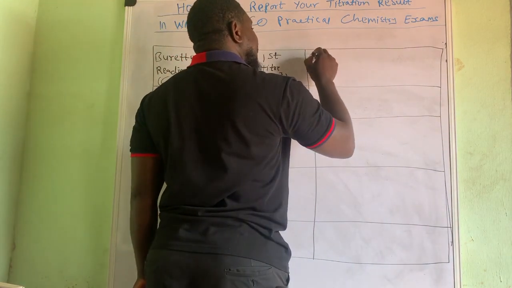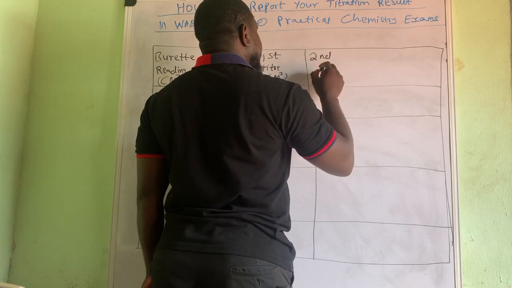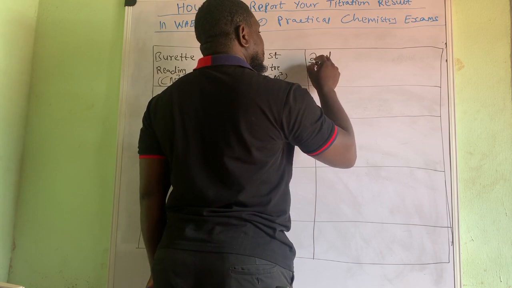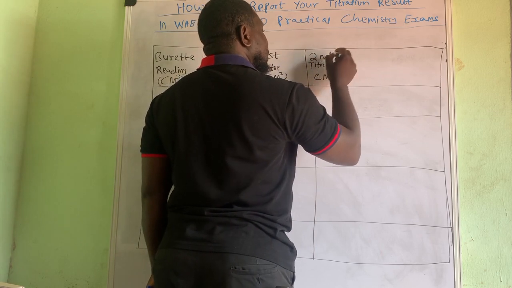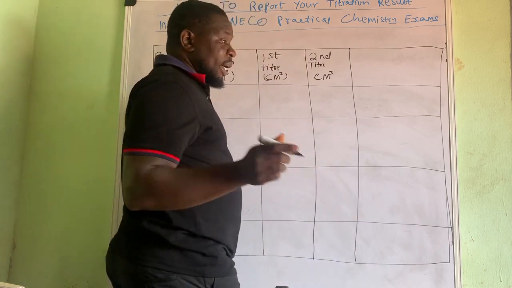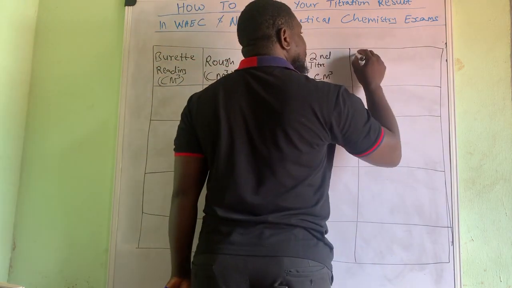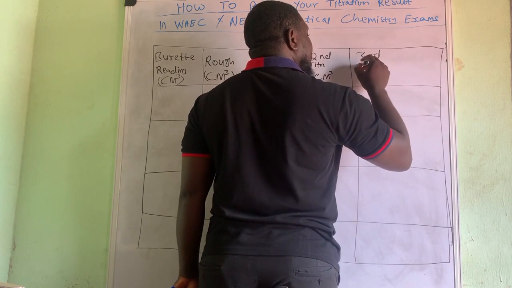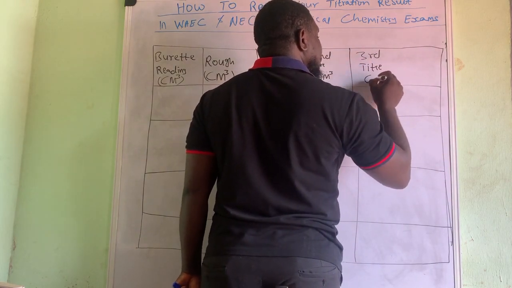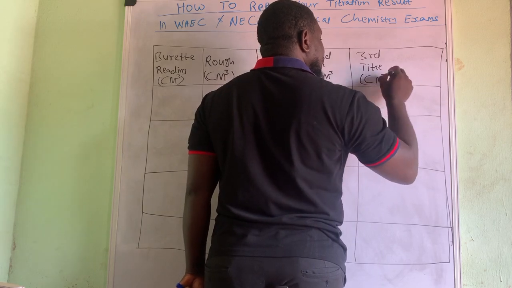Then the second titration, also in centimeter cube. Then the third titer value, also in centimeter cube. Don't miss it.